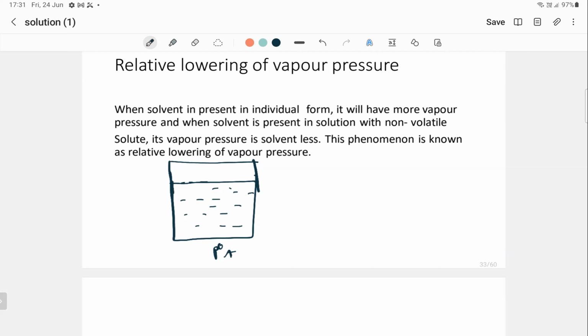Your surface area is decreasing. Of course the solute is non-volatile, but it makes interaction with the solvent. So it won't release the vapors that easily. So that's why there is a decrease in your vapor pressure. That is relative lowering of vapor pressure.